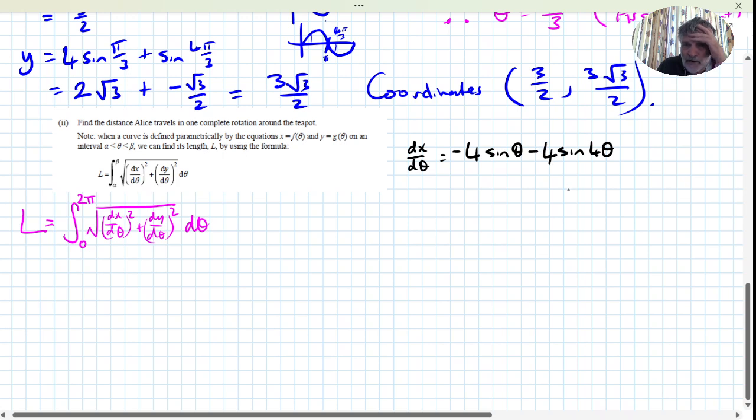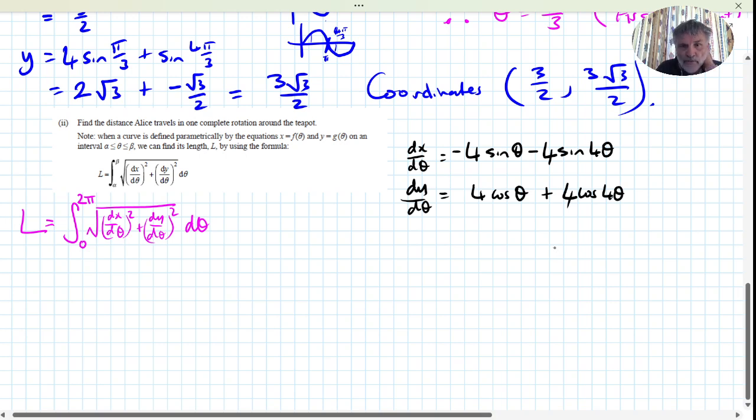You also get a negative sign from the differentiation, so that's dx by d theta. dy by d theta, we're differentiating 4 sine theta, which will give us 4 cosine theta, plus sine 4 theta, so you get cosine 4 theta. Chain rule, have to multiply by 4.